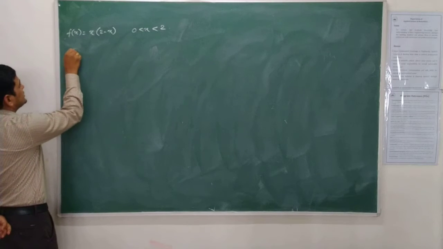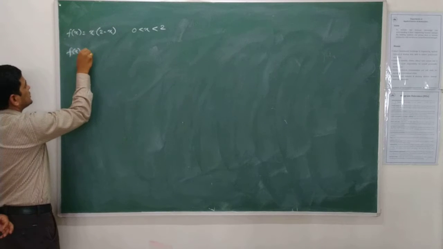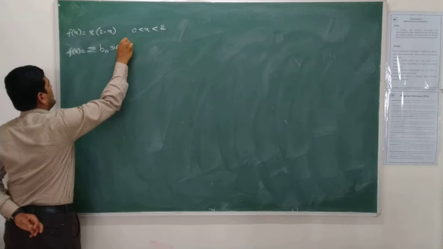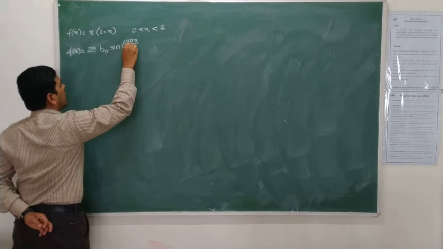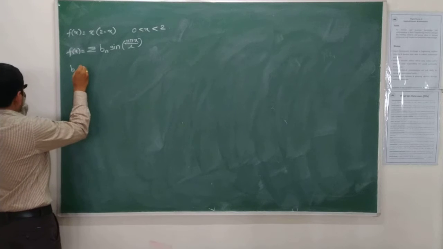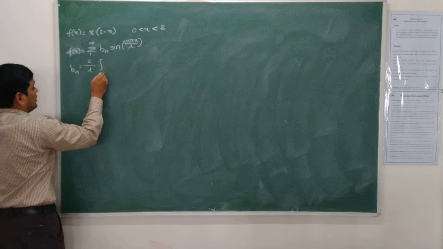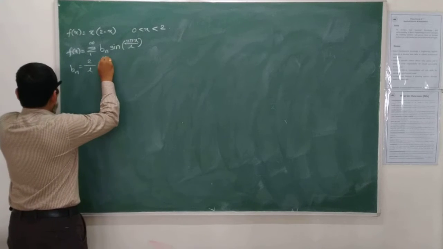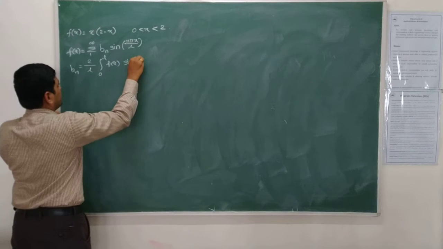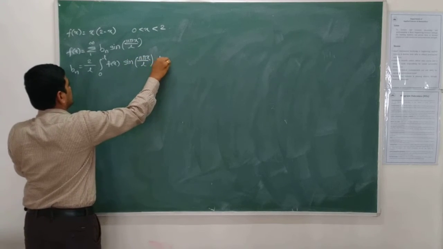So as I require the sine series, the half range sine series is given as f of x is equal to summation bn sine of n pi x upon L. Now bn is equal to 2 upon L integration from 0 to L f of x into sine of n pi x upon L dx.